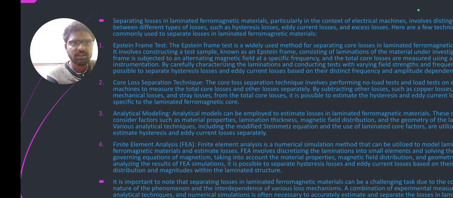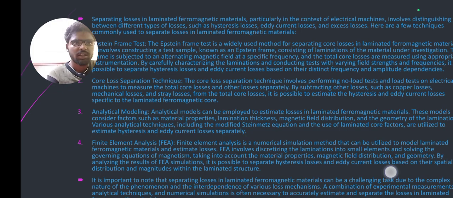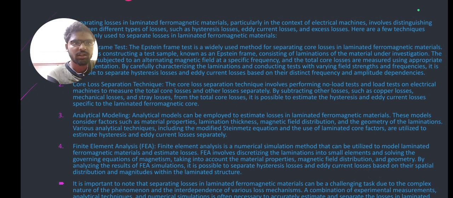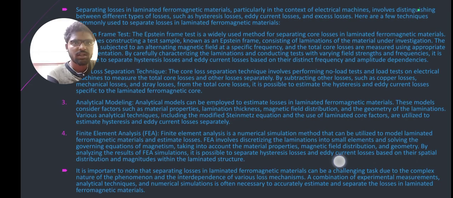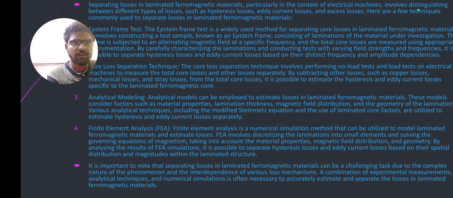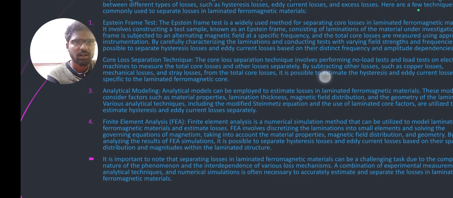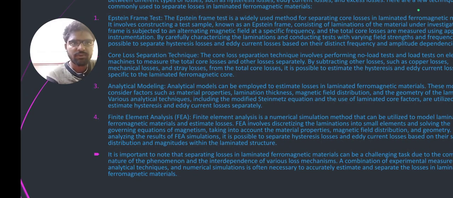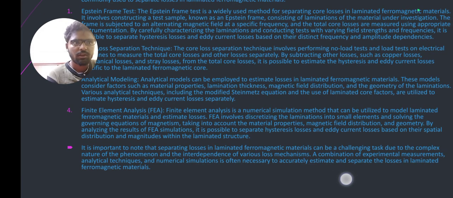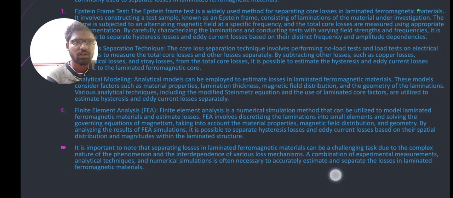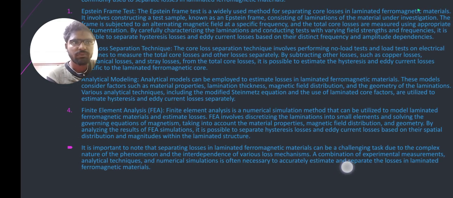Separating losses in laminated ferromagnetic materials, particularly in the context of electrical machines, involves distinguishing between different types of losses such as hysteresis losses, eddy current losses, and excess losses. Here are a few techniques commonly used to separate the losses. Epstein frame test. The Epstein frame test is a widely used method for separating core losses in laminated ferromagnetic material.